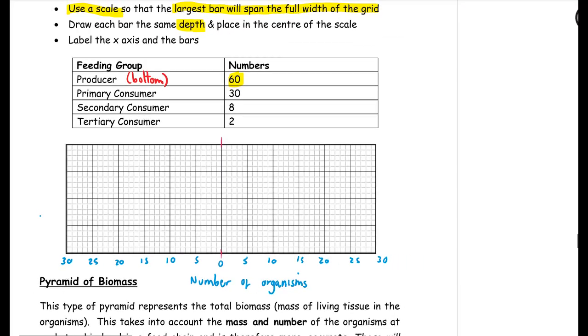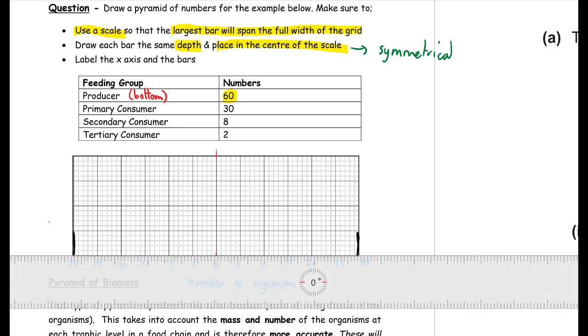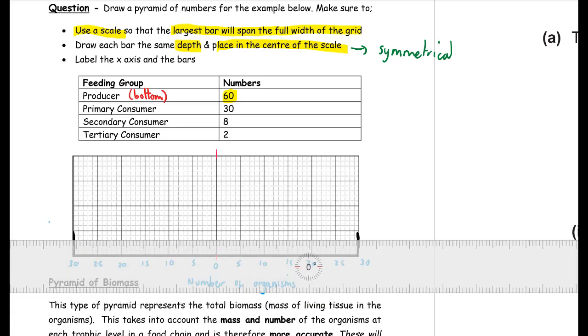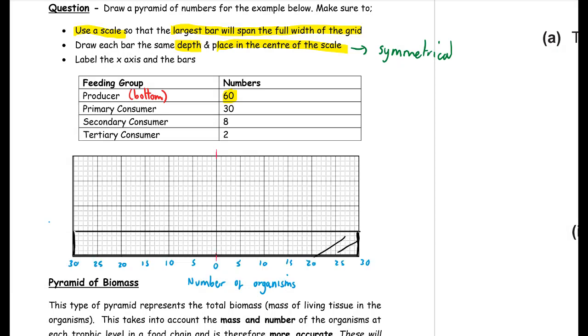Now, why are we doing it that way? Well, we said you have to place it in the center of the scale, so that means you need to make the pyramid of numbers symmetrical. So when we plot the first bar, which represents the producers at the bottom, using a ruler, let's just shade it in.